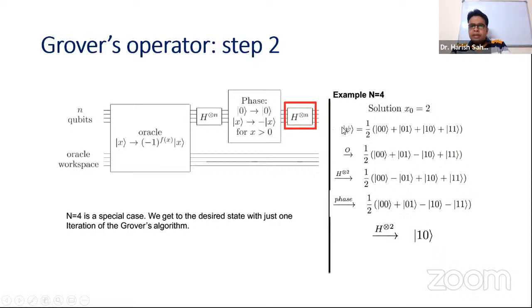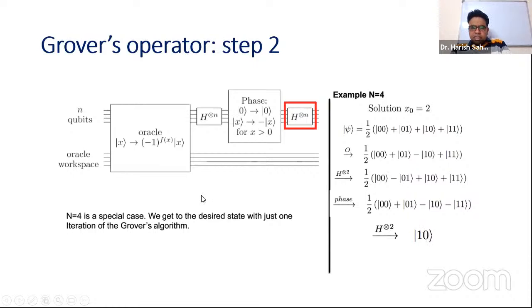Since here capital N is 4, it is a special case where one iteration gives us the answer. Why?